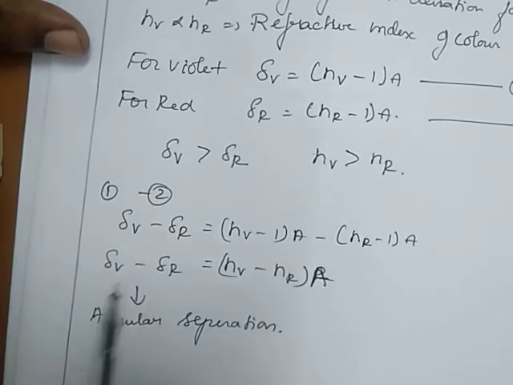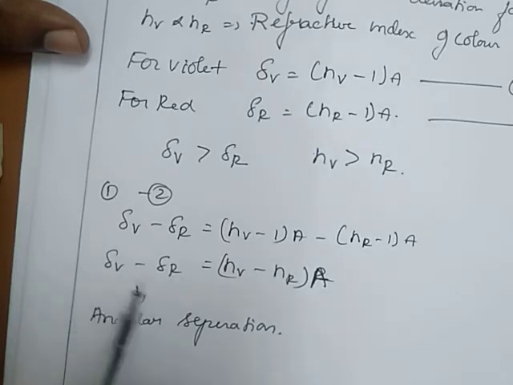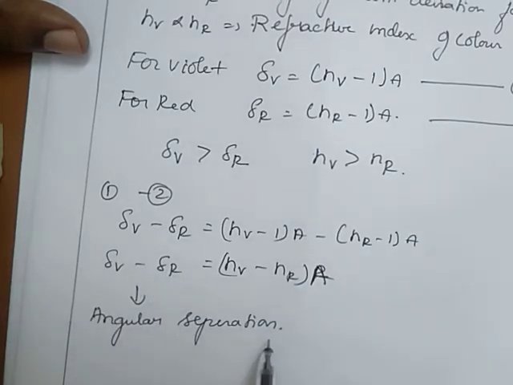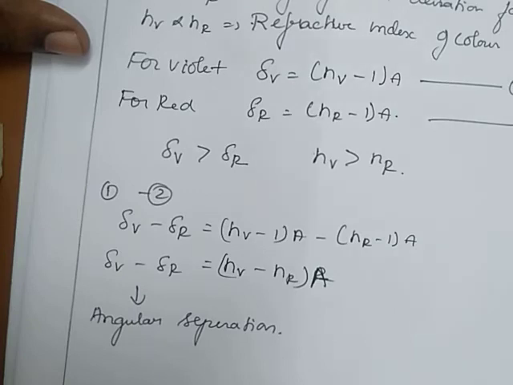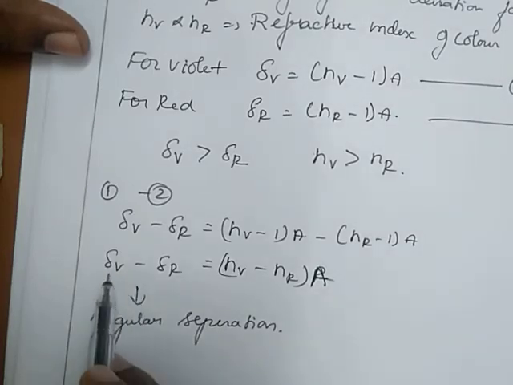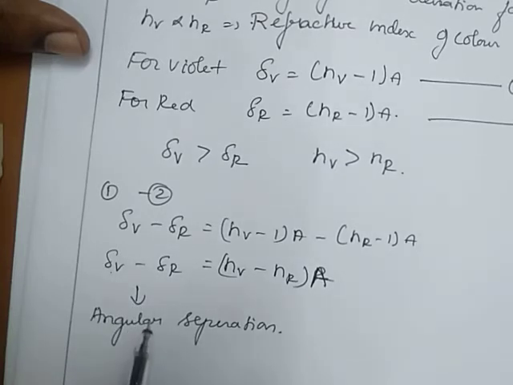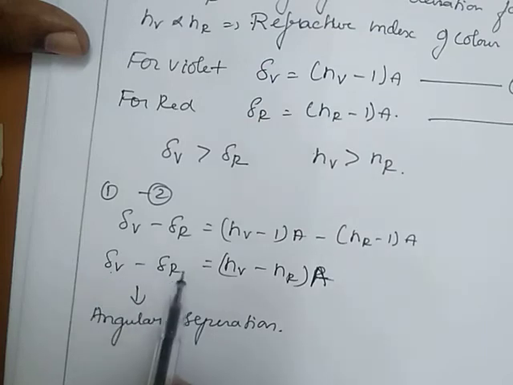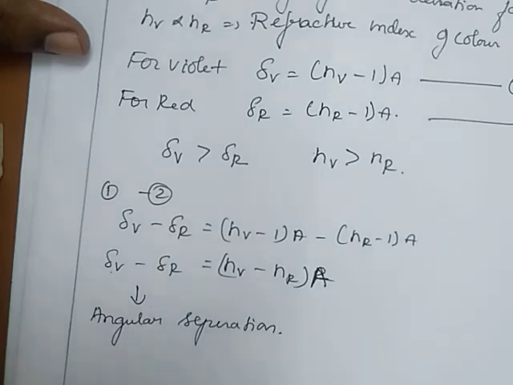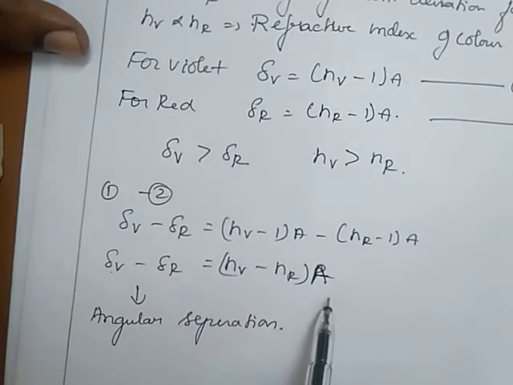The angular separation between the two extreme colors, violet and red, is known as angular dispersion.